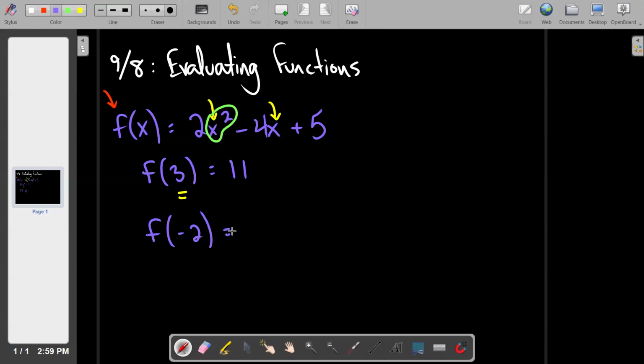What'd you guys get for this one? 21. It is indeed 21. And again, I would say that if you didn't get that, now would be a great time to advocate for yourself in the form of asking why. Good, good? You good back there? CG, you good? Okay. So I don't think I need to practice that again.